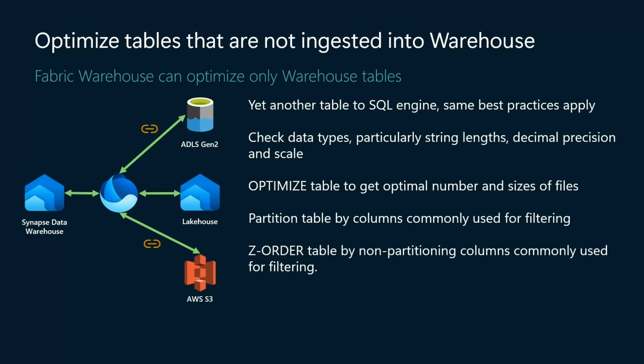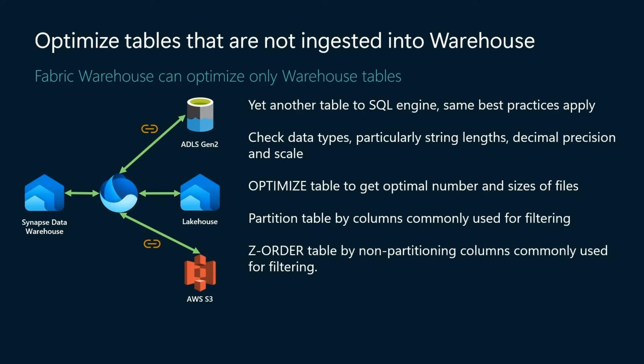So when it comes to reading tables using shortcuts, including lakehouse tables, you need to make sure that the proper data types are used and that the table is optimized. If you're not happy with the performance, then you can consider partitioning the table. So if you are often querying the table and using the same columns in a where clause, you can consider partitioning the table.